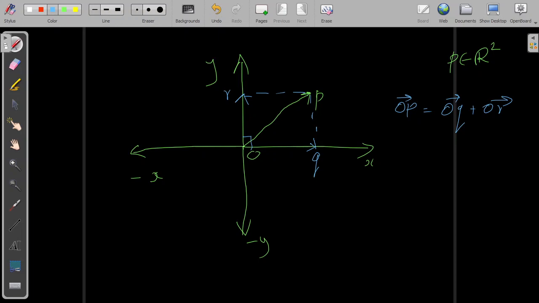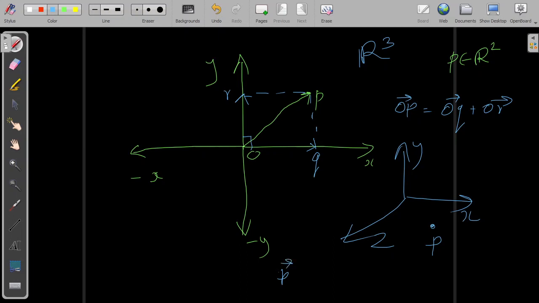This is very familiar in R3. Similarly in R3 you can find projections, for example with the x-axis, y-axis, and z-axis and a point P. This vector P can be written as a sum of three vectors which are orthogonal.